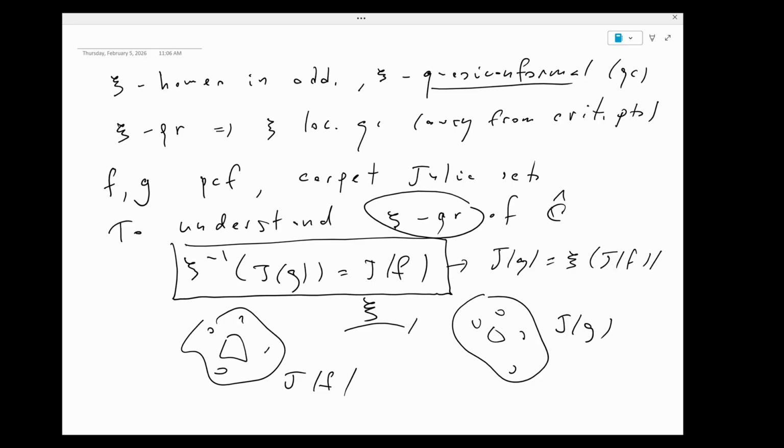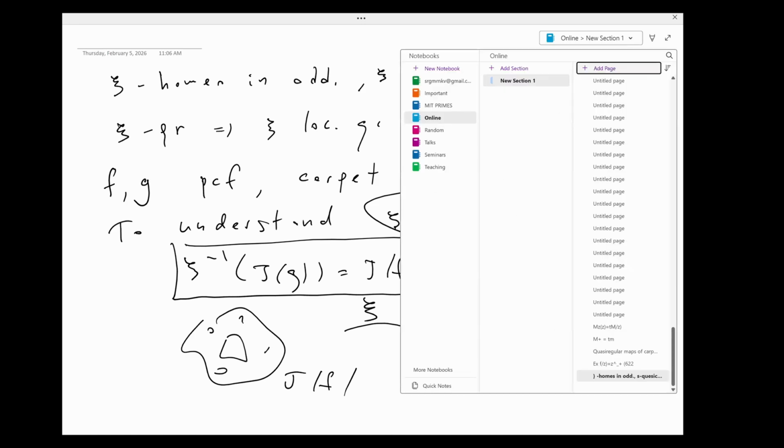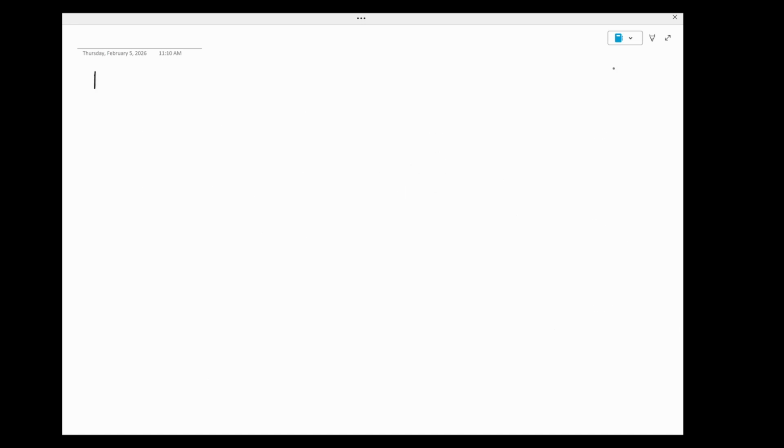This is our setup. This is what we would like to understand. Now, there is some past work related to this, and I'll state it as a theorem due to Mario Bonk, Misha Lyubich, and myself. This was published in 2016.